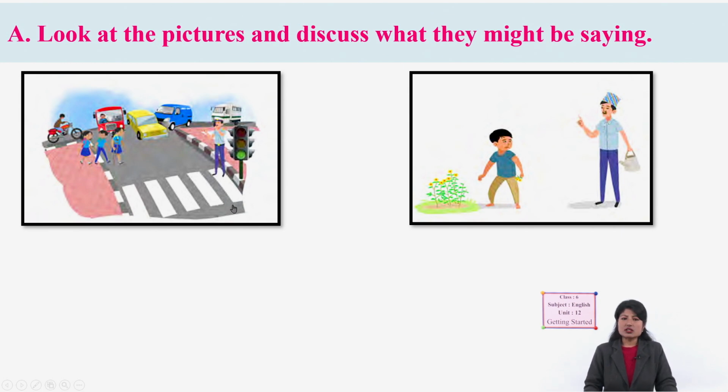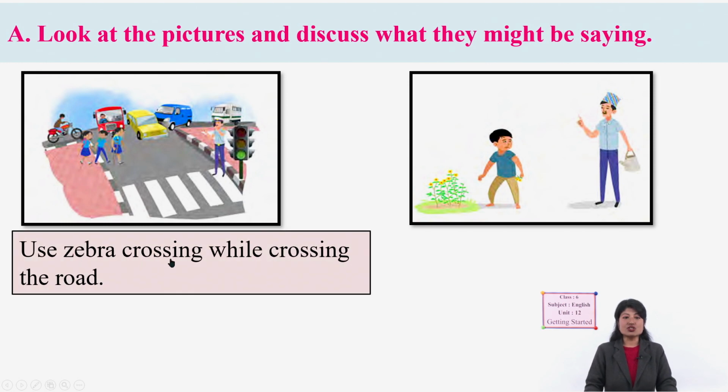Where should we cross the road? Yes, we should cross the road at the zebra crossing. So what might this policeman be saying to the children? Yes, this traffic policeman might be saying, use zebra crossing while crossing the road.